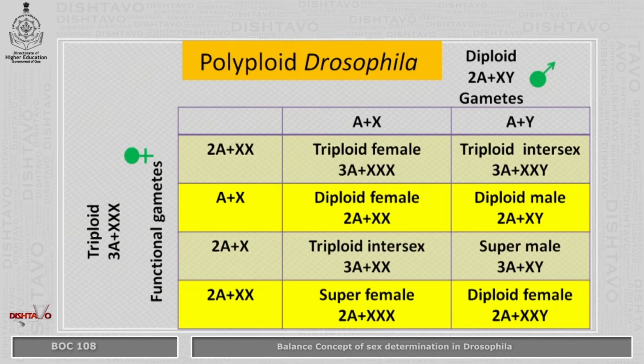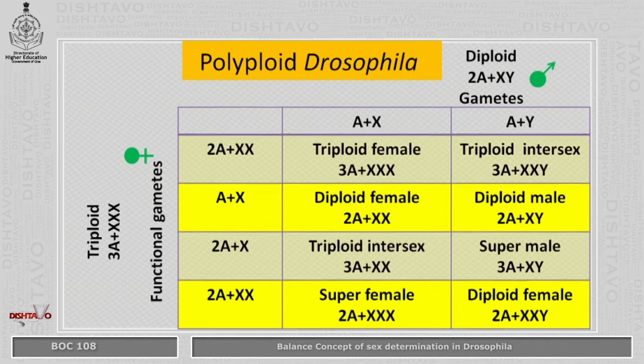Now let us see what polyploid Drosophila are. Here you can see a table which shows the crosses and the results, which is the offspring, and the gametes of the offspring.